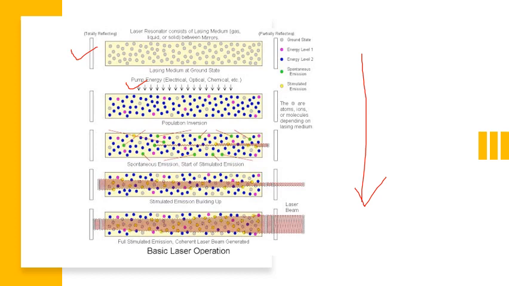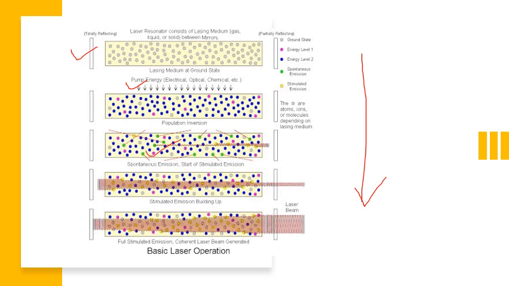By pumping, atoms move to the excited state. We have shown the normal ground state with a faded color and the excited state with bright colors. This excitation is called population inversion, and after this condition, we observe spontaneous emission.